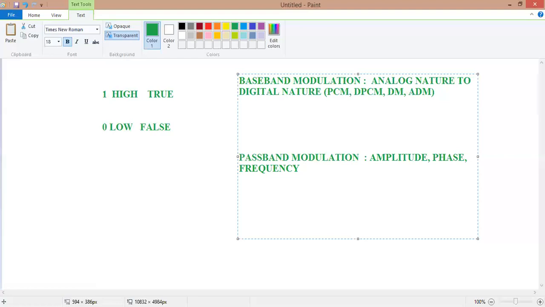They are popularly known as shift keying techniques. Why shift and keying? I will tell you later. But this term keying is very important. Keying means switching from 1 to 0. When the message signal is switching from 1 to 0, there are only two states, either 1 or 0. If it is a digital signal, there are only two states, either 1 or 0.